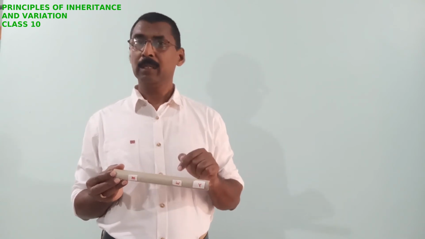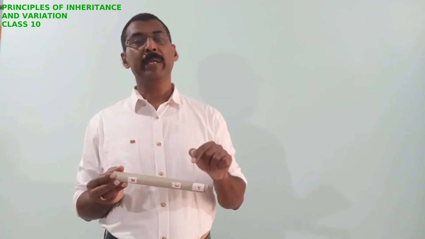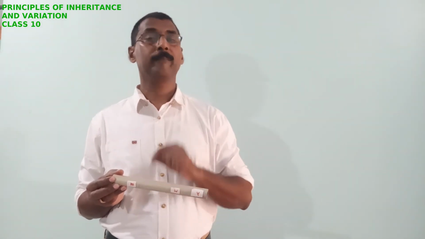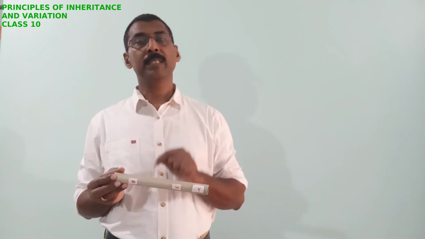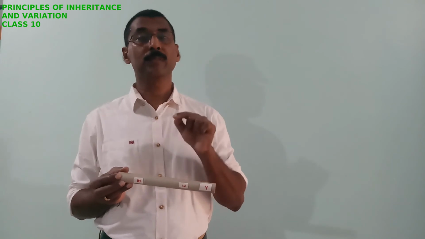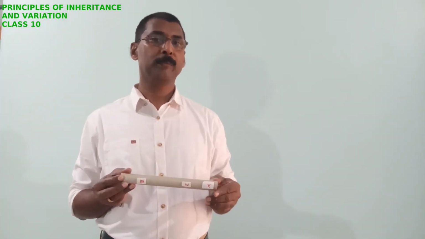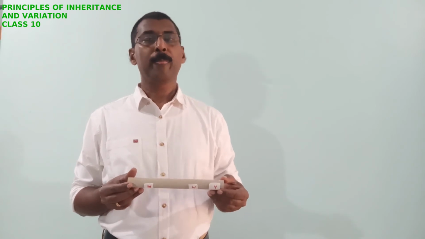So that is why the percentage of recombination remains less in the cross A, and the percentage of recombination remains high in the cross B. I hope you understand.